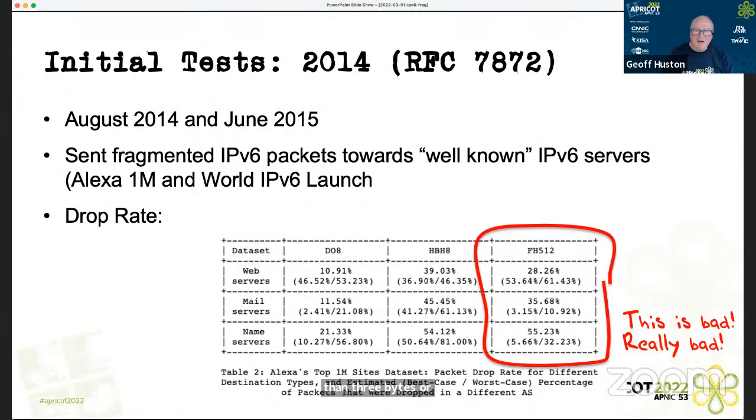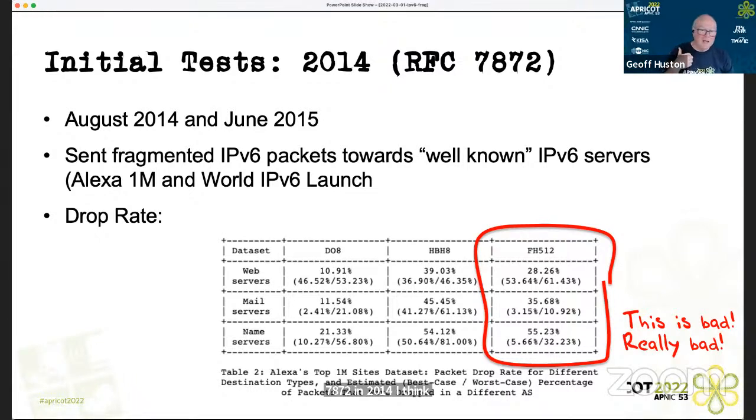Now, we didn't really worry about it much until Fernando Gont and a few others actually did some testing. This was published as RFC 7872, in 2014, I think was the tests, and it was published in 2015. They took the Alexa million at the time, and they sent them crafted packets.